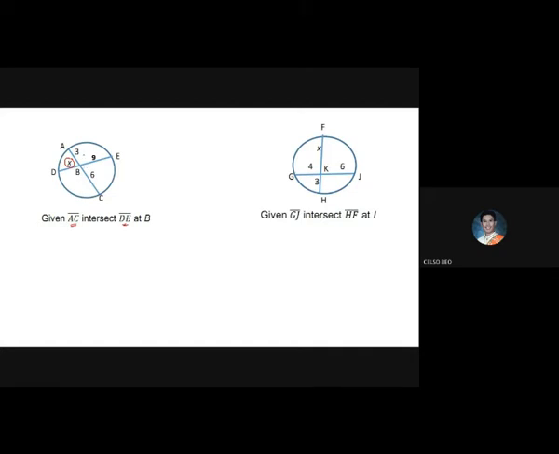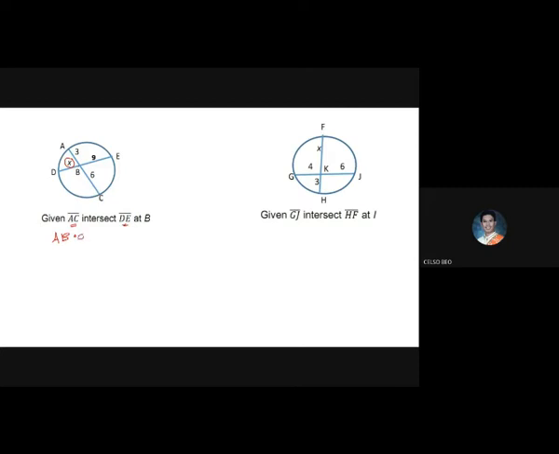What we are going to do is multiply the segments of each chord, and this is equal to the product of the segments of the other chord. What are the segments of chord AC and chord DE? For chord AC, we have segment AB, from here up to the point of intersection, multiplied by the other segment of this chord, segment CB.